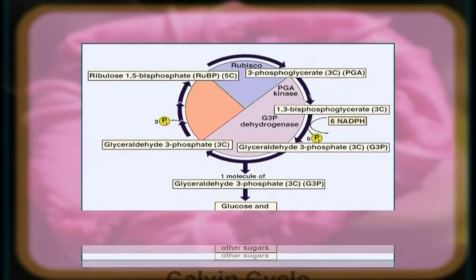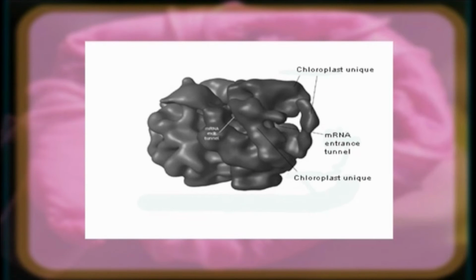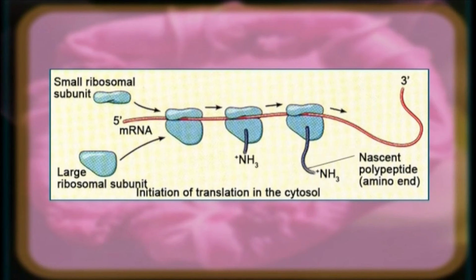Calvin cycle enzymes that are synthesized on chloroplast ribosomes decline earlier during senescence than those synthesized primarily on cytoplasmic ribosomes.